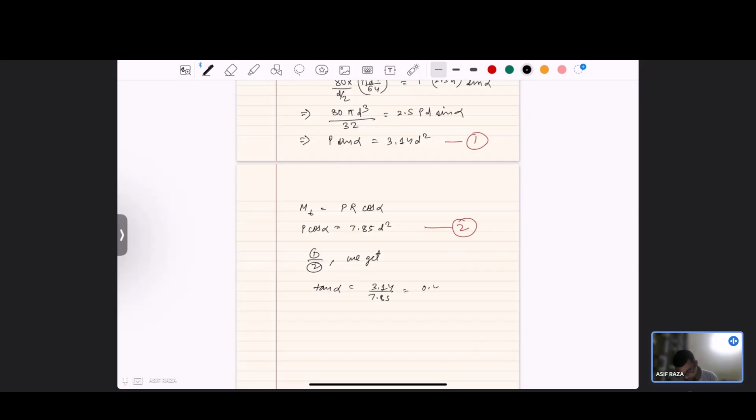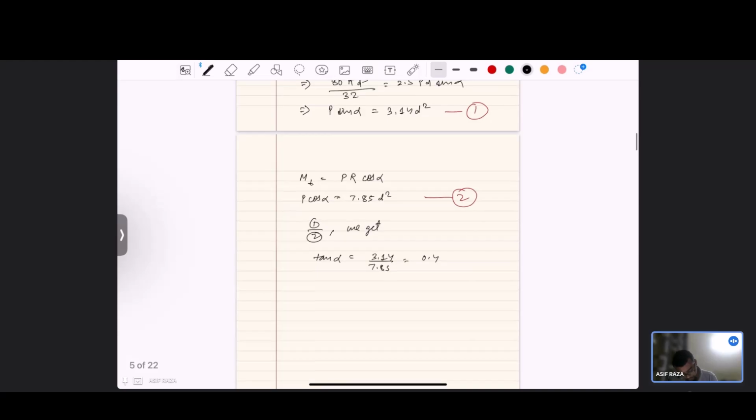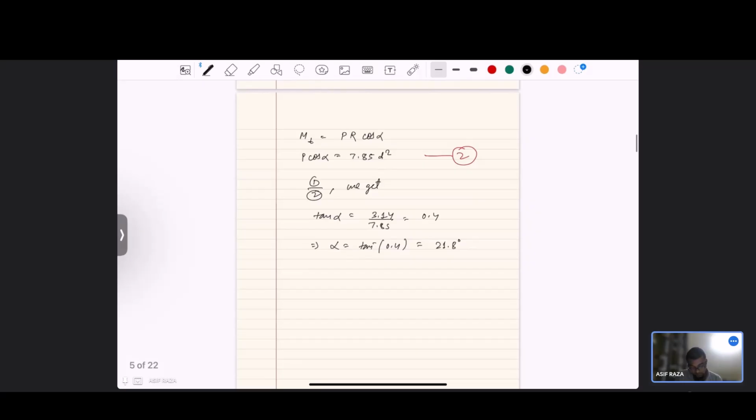This is 0.4. So if I take tan inverse of 0.4, this comes around 21.8 degree.